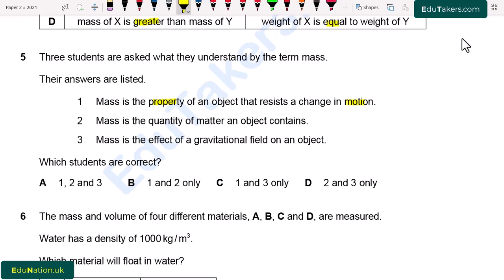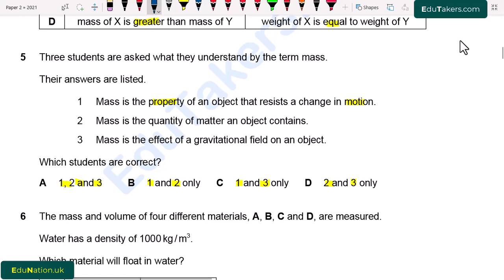Mass is the effect of gravitational field on an object. Which students are correct? MCQs: A. 1, 2 and 3. B. 1 and 2 only. C. 1 and 3 only. D. 2 and 3 only.